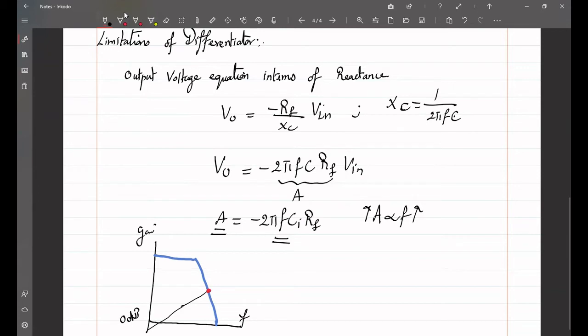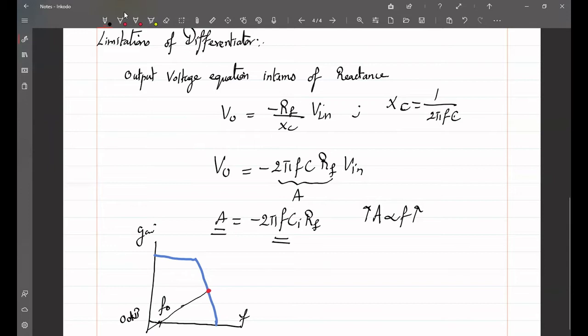Initially, when the frequency starts to increase, the gain will be less than 0 dB. At a point it will reach 0 dB, and that point is considered the fundamental frequency f0. As the frequency increases, the gain will increase for the differentiator because f is directly proportional to A, until it intersects with the ideal op-amp characteristics.